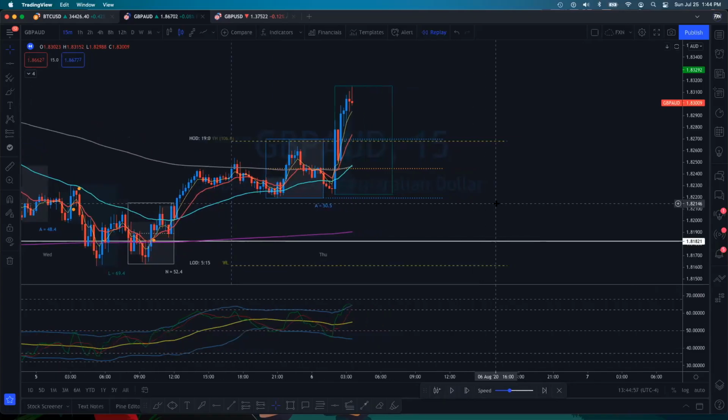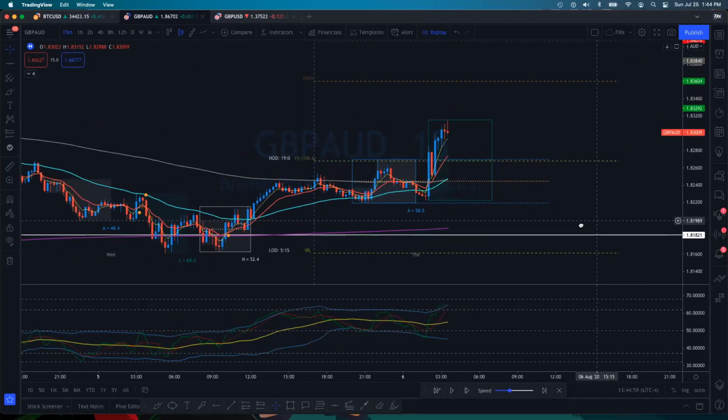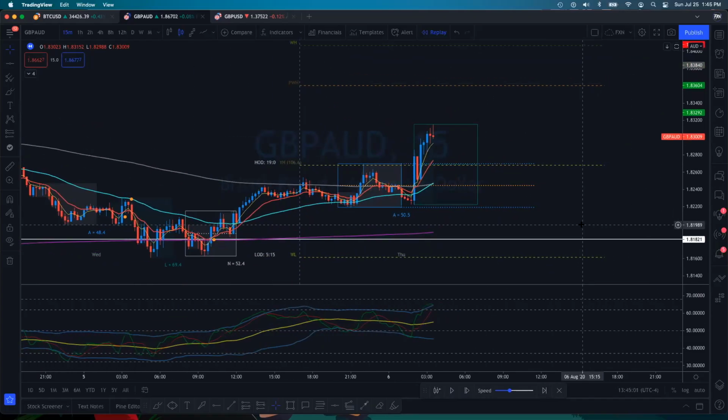There you go. So right off the bat, what's the only possible trade that you can take? Well, right now where price is, Muhammad, what's the only possible trade that you could take that's still possible?